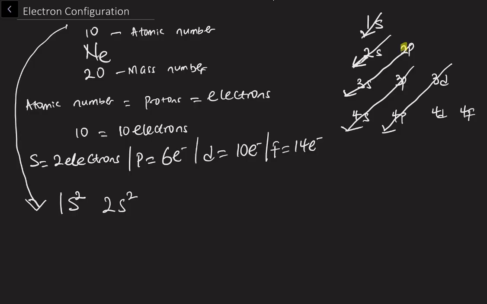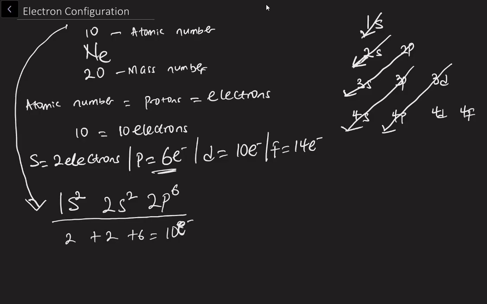Next is our 2p, and p can hold maximum of 6 electrons. 2p6, so we can count and we can check how many electrons we have so far. 2 plus 2 plus 6, we have 10 electrons so far, so we can stop here. We don't have to keep going because we've written all the electrons for neon. So the electron configuration for neon is 1s2, 2s2, 2p6.